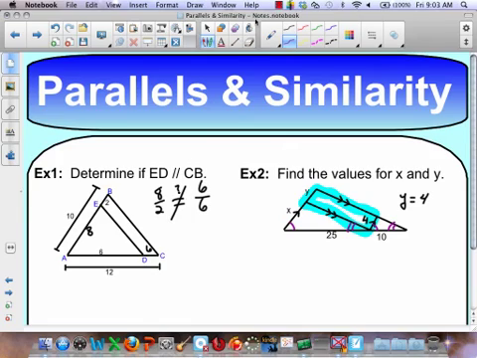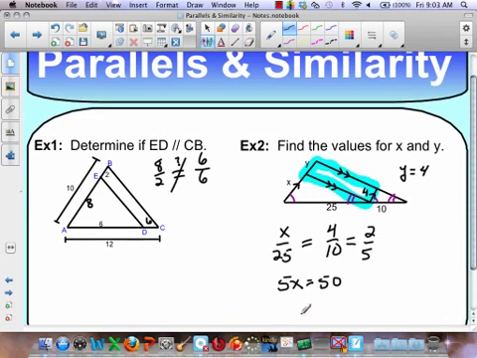So if I take the ratio of their sides, x to 25, that should equal 4 to 10. If we reduce that, x over 25 is equal to 2/5. So 5x is equal to 50, therefore x is 10. Yeah, we found one of them.